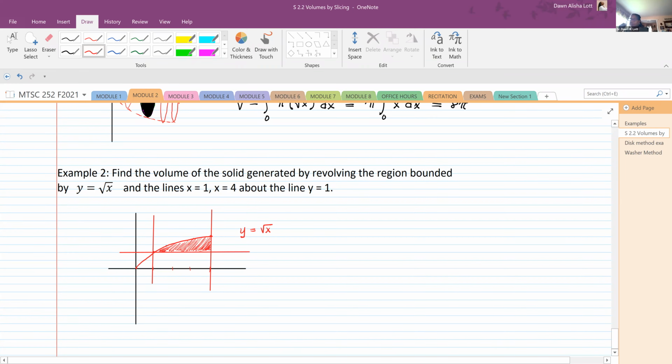And I want to revolve that about the line y equals 1. When I revolve that around the line y equals 1, it's going to come down like this. For any value of x, I'm going to draw a circle.